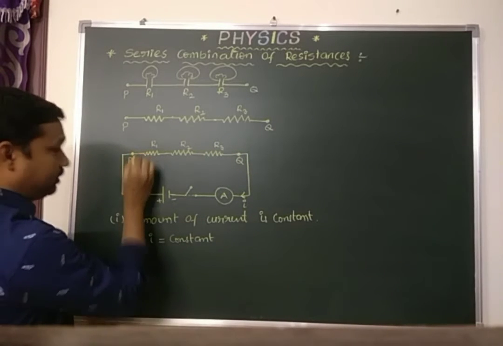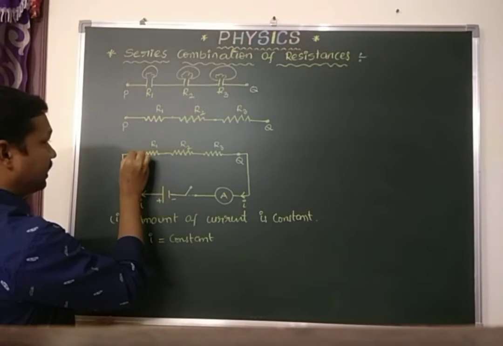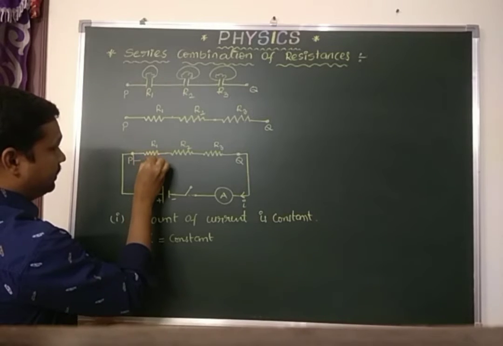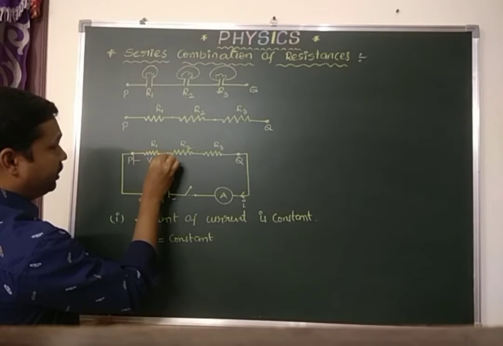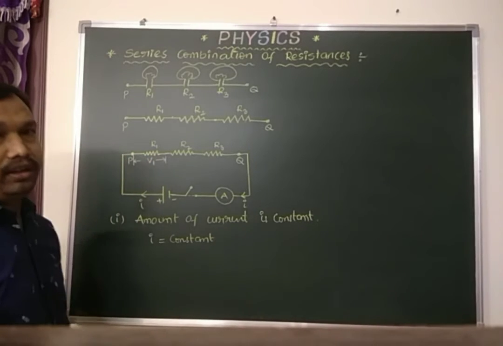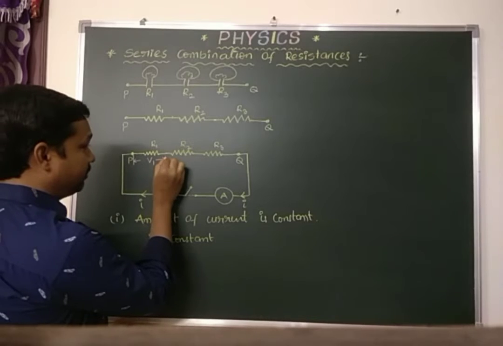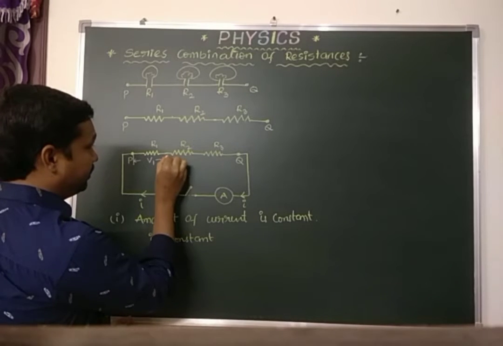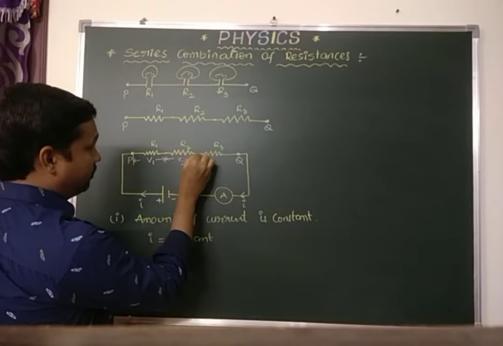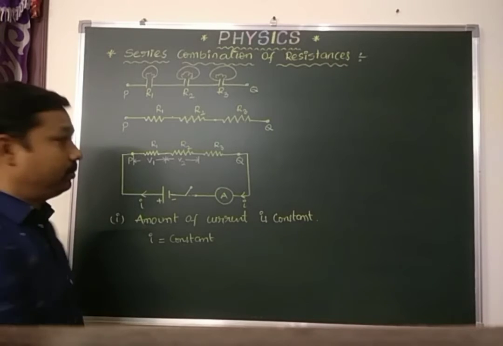If we count the potential difference across the resistances R1, R2, R3, by using a voltmeter we can identify the potential difference across the resistance R1, and by using a voltmeter we can find the potential difference across the resistance R2.